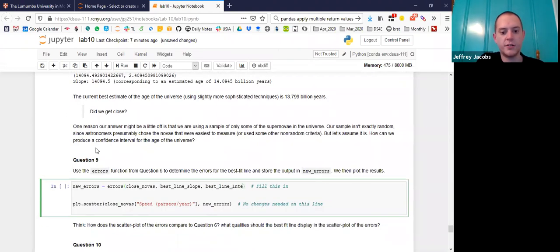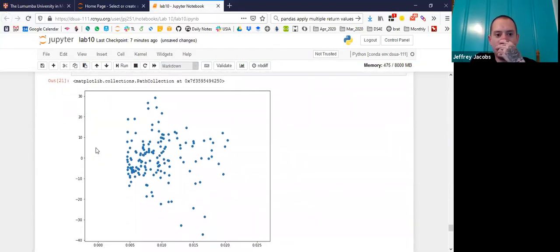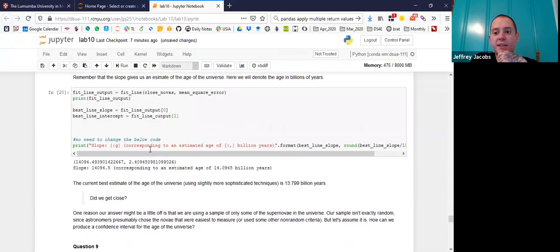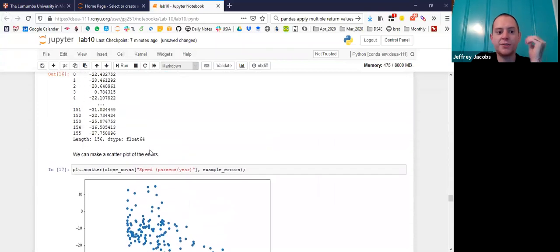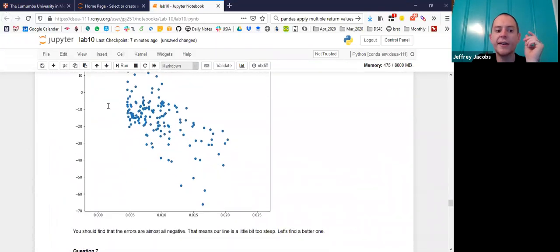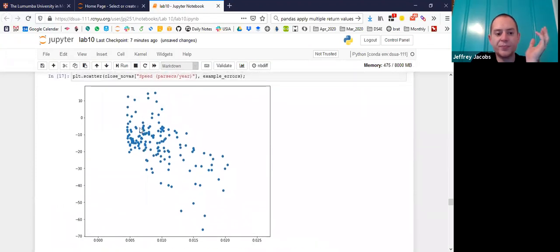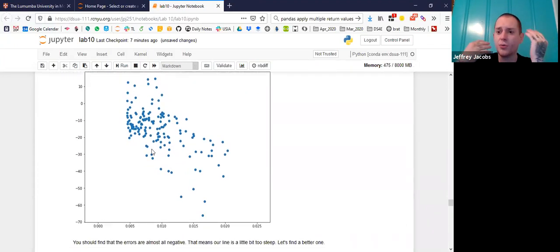Remember, before we called errors on a random line we picked. Let's just guess slope is 16,000 and intercept is 0. We saw that the graph of the errors of using that line tells us we're over predicting; most of the errors are negative, down here.